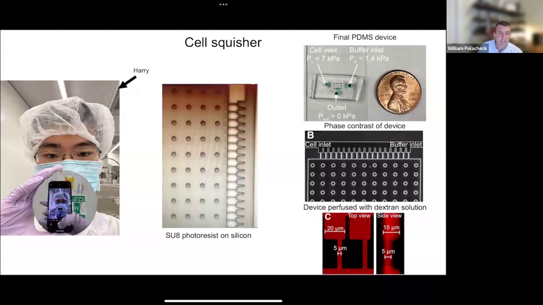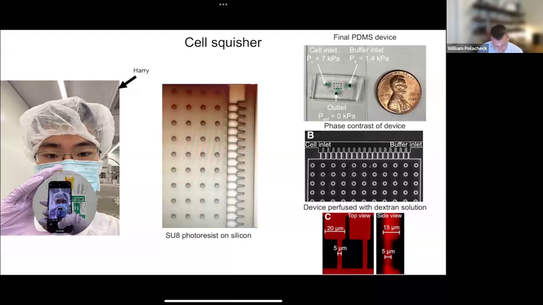He's now doing his PhD at Caltech, but to show that these procedures to make microfluidic devices might be intimidating at first glance, but they're quite accessible, particularly if your university has a clean room facility, or if not, if you have a collaborator or other institution that can provide some training. These techniques can be learned in a matter of weeks.